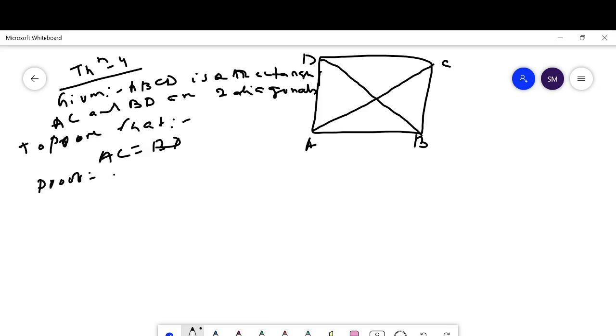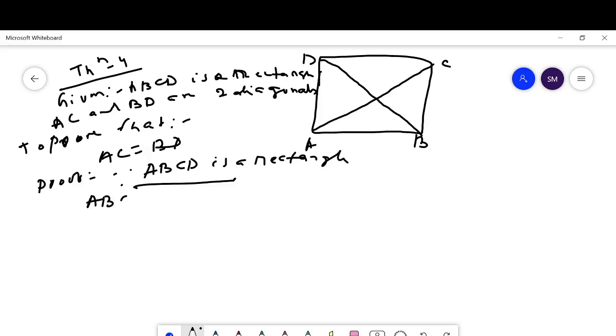Since ABCD is a rectangle, then ABCD must be a parallelogram. If ABCD is a rectangle, then ABCD must be a parallelogram.